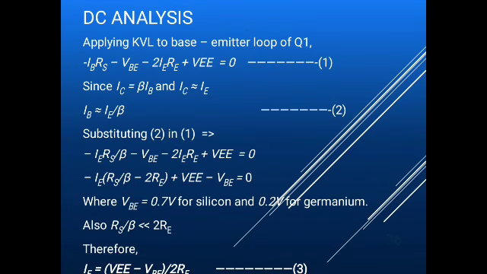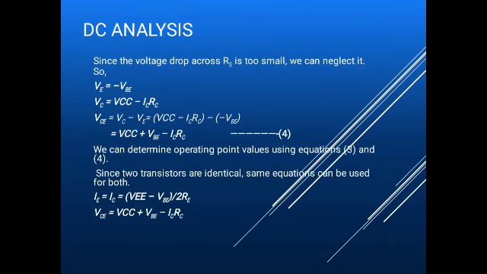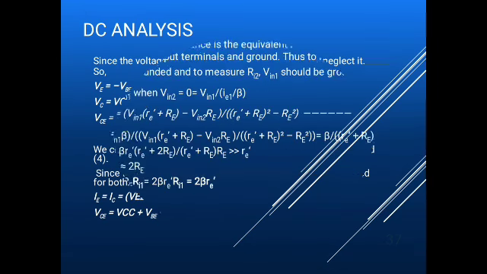Your IC value is equal to VE minus VBE divided by 2 times RE. So we have obtained the value of IC and the value of VCE. IC equal to VE minus VBE divided by 2 times RE, and VCE equal to VCC plus VBE minus ICRC.